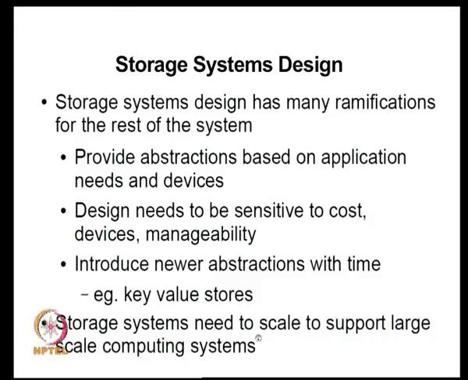This has to scale like anything, because what you are storing and what you are retrieving also become bigger and bigger. So these are some critical things. That is the reason why nowadays storage systems are becoming critical parts of computing infrastructure, and there are completely new designs, completely new ways of looking at these things, and that is what we will be looking at in this course.